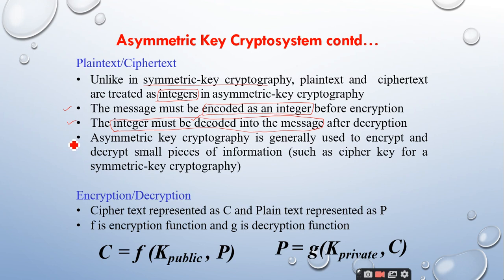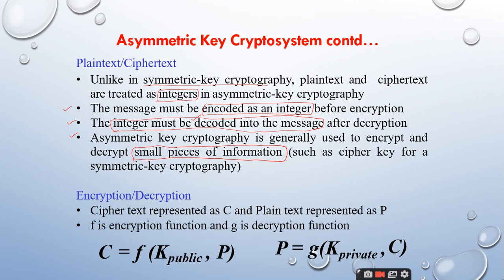Yes, sir. And this is a very important point. Asymmetric key cryptography is generally used to encrypt or decrypt small pieces of information. Remember that asymmetric key cryptography is never used to encrypt or decrypt large pieces of information.